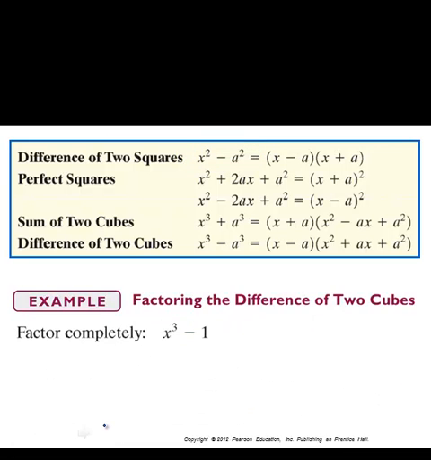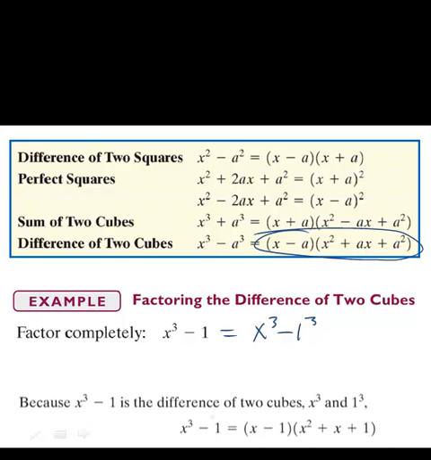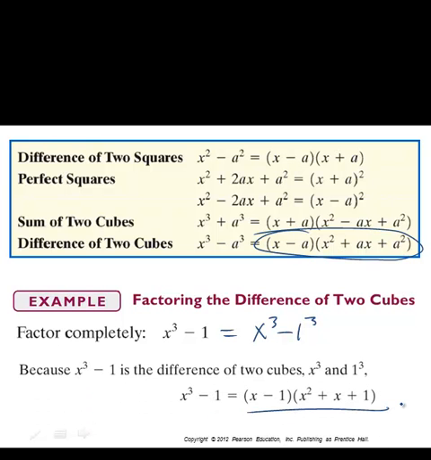For example, or if you have x cubed minus 1, well, recognize the 1 as 1 cubed. And then you could use this form right here, where you'll have the x minus 1 times the x squared plus x plus 1 as the factorization, like you see there.